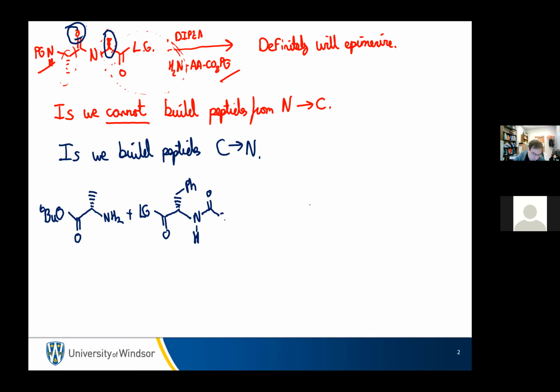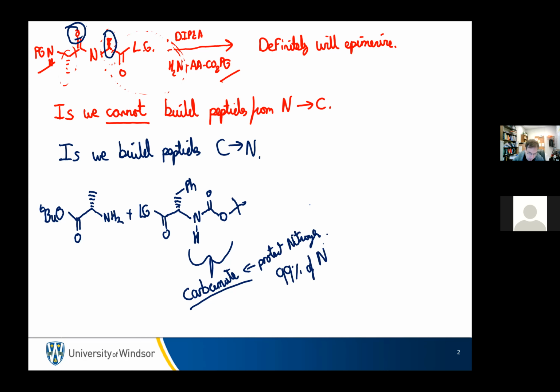And what we do is we tend to use this functional group called a carbamate. So what I'm doing here is I'm protecting the nitrogen. And I would say 99% of alpha nitrogen protecting groups in peptide synthesis are carbamates.